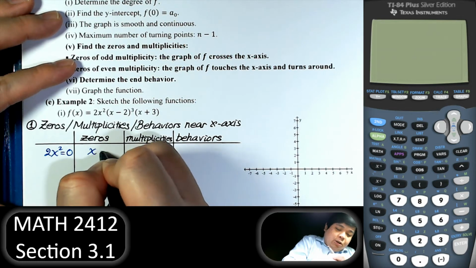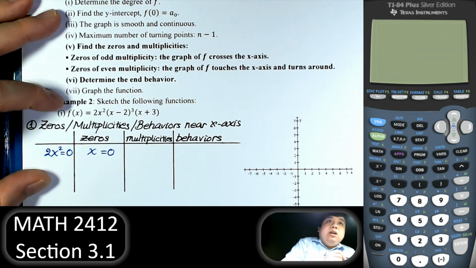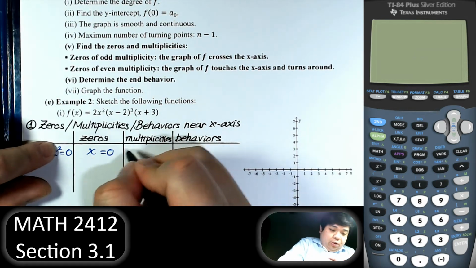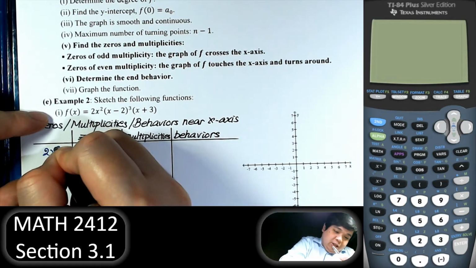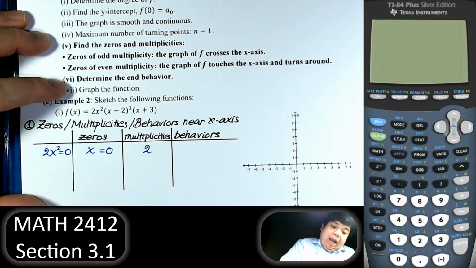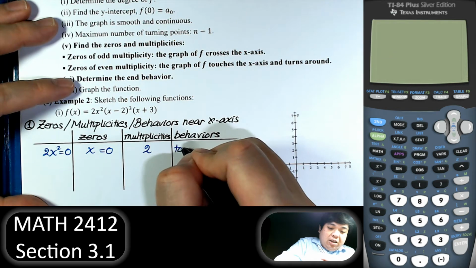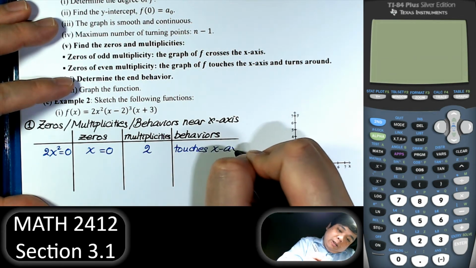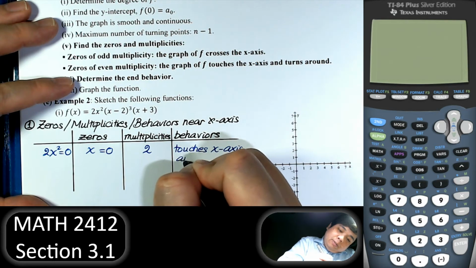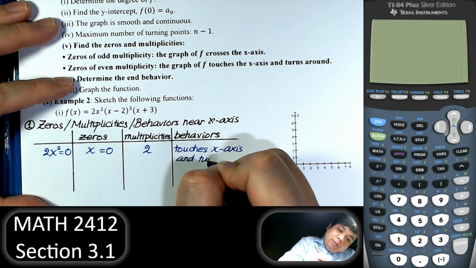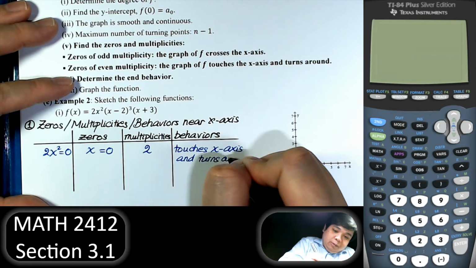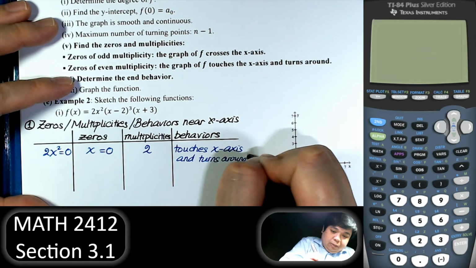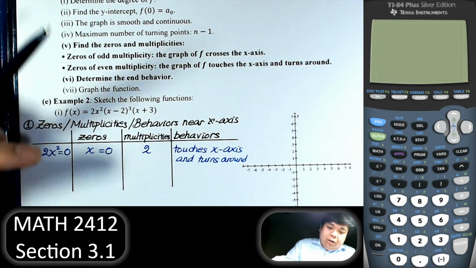We have x equal to 0. Multiplicity will be 2, that power 2, and because of that it will touch the x-axis and turn around. That's the first one.